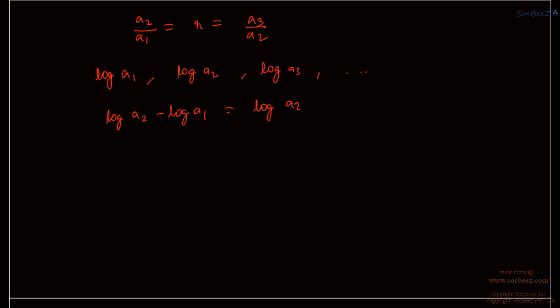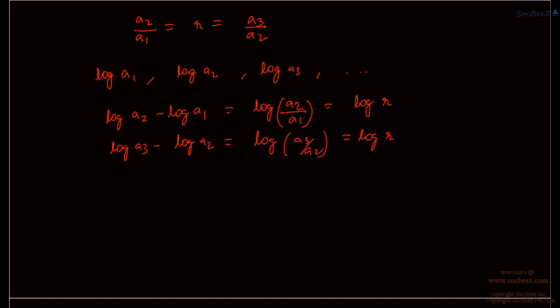What is this? Log of A2 by A1, right? But what is log of A2 by A1? This is equal to log R, right? Similarly, log A3 minus log A2 is again log of A3 by A2, which is again log R, right?